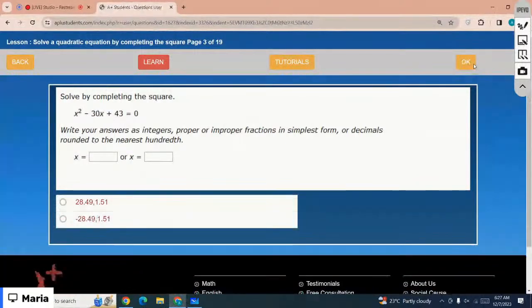Solve by completing the square. x square minus 30x plus 43 equals 0. Solve this question on your own and write the answer in the chat box.